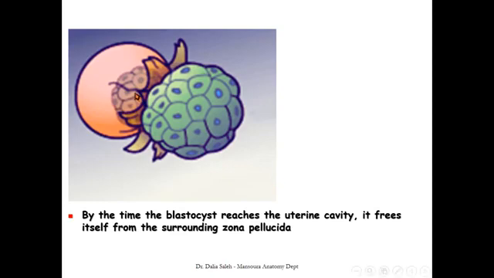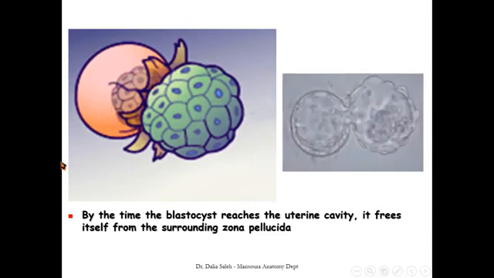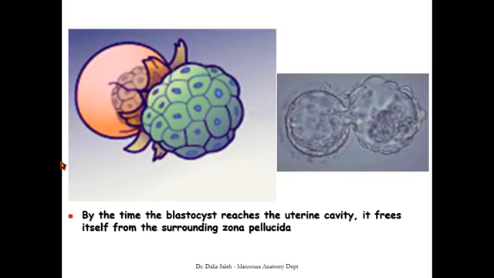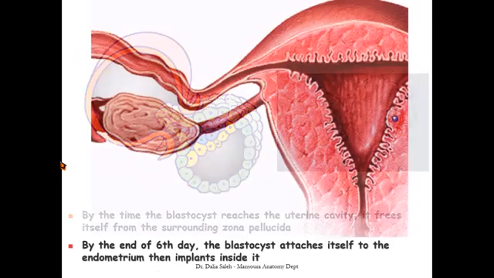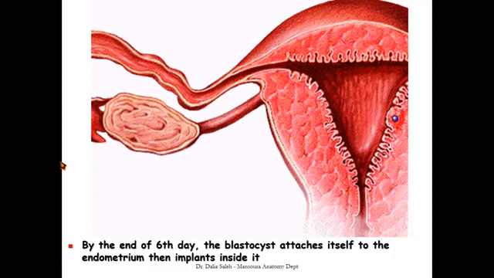This is the zona pellucida, and this is the weak point where there was sperm entry at this site, and the blastocyst here, or the blastula, frees itself from this crust of the zona pellucida. By the end of the sixth day of development, the blastocyst attaches itself to the endometrium, then implants inside it.